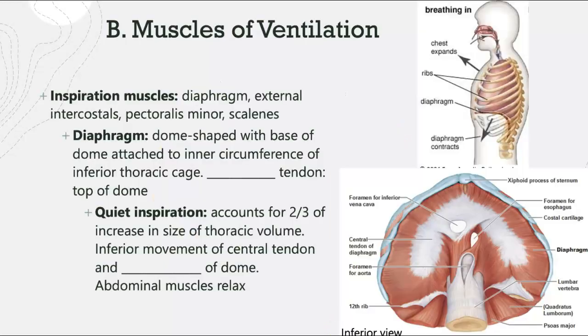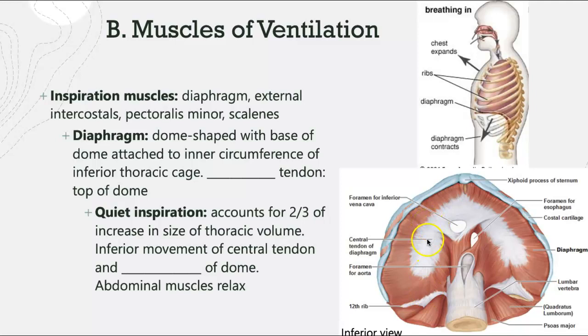So let's review what we just talked about on that previous slide. Our muscles of inspiration will include our diaphragm, which we see pictured here, and this is an inferior view of the diaphragm. So you are basically in the abdomen looking up.